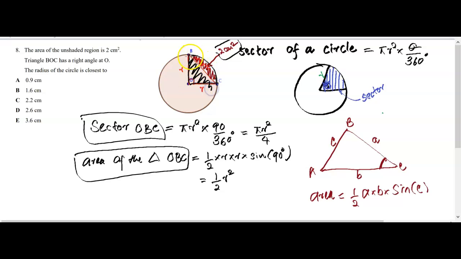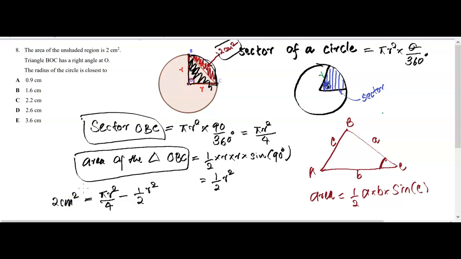If you subtract this bit from this whole thing, you will get that purple maroon colored part. So how do you find that? It is pi r squared over 4, you take away half r squared, and this should be equal to 2 centimeters squared.